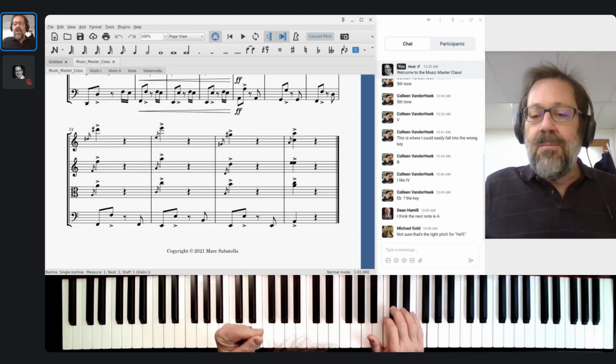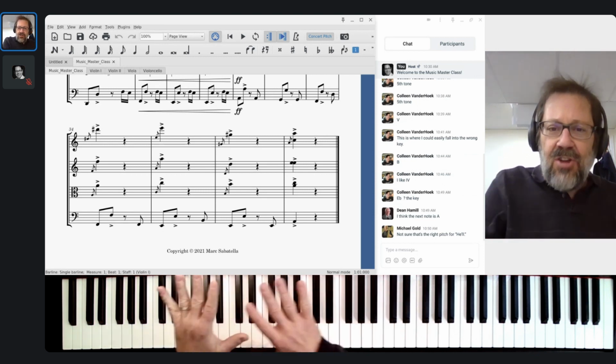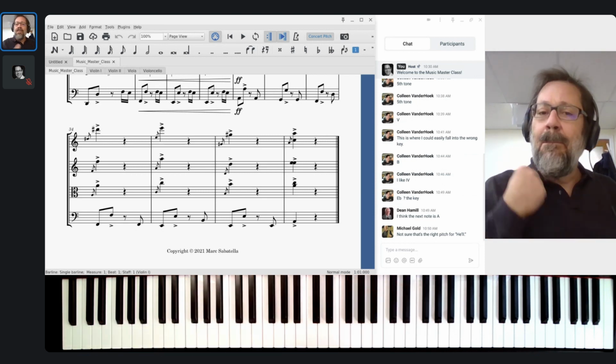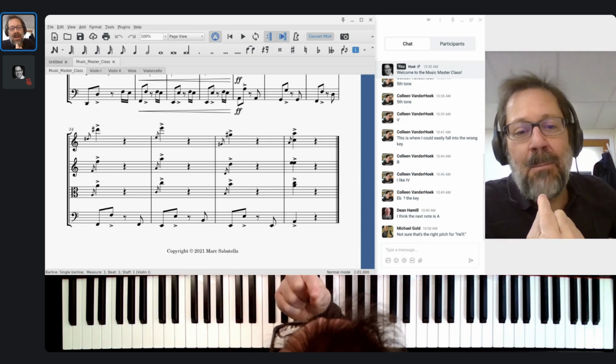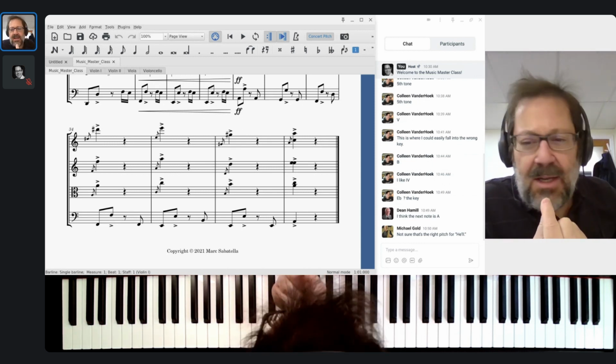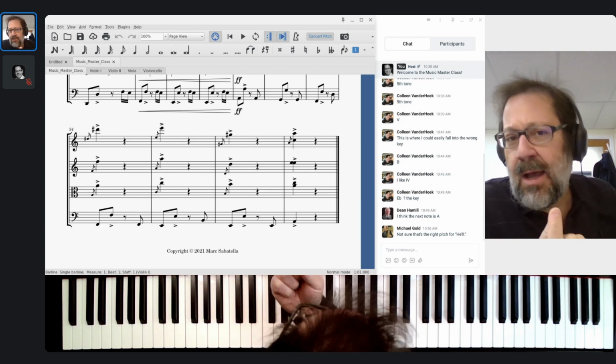So, the first key change going into the bridge could go anywhere, but the second key change, you can kind of bet money on this. The second key change is going to be the original 5.